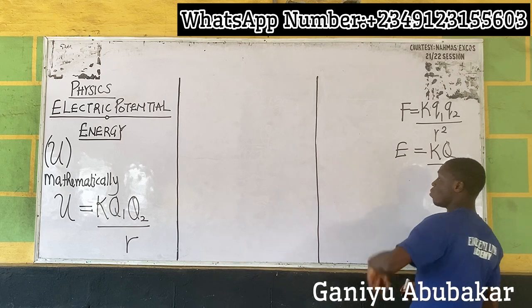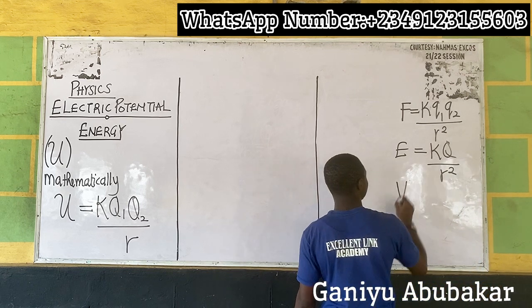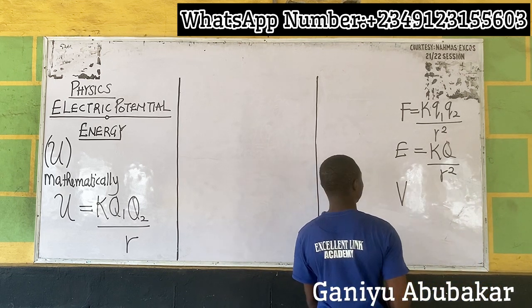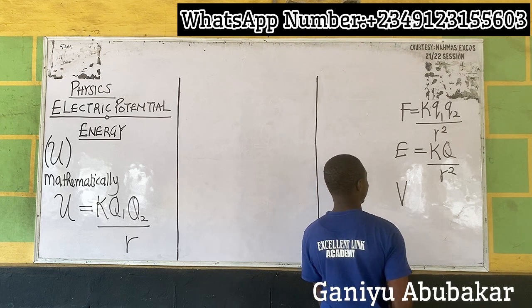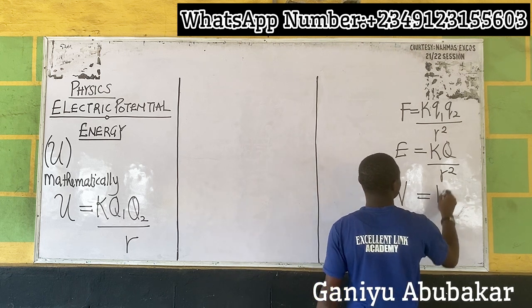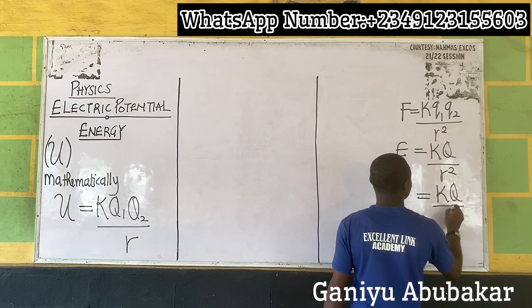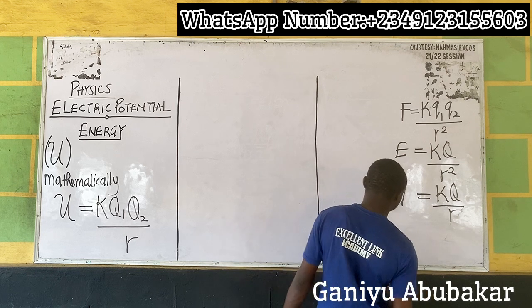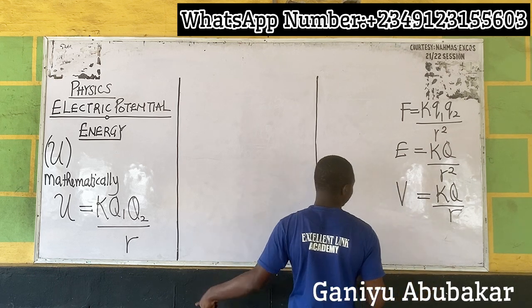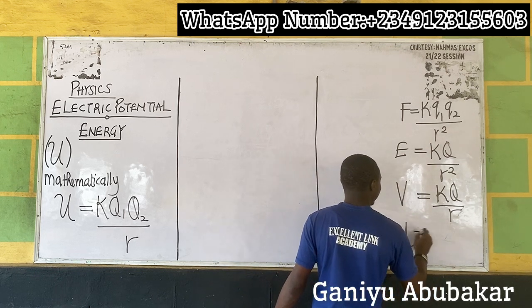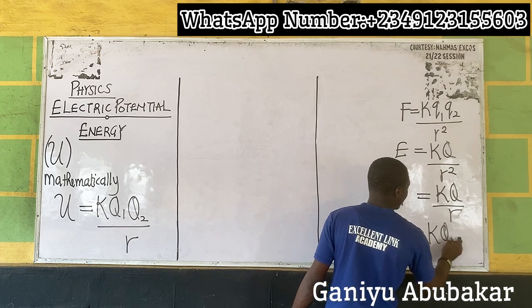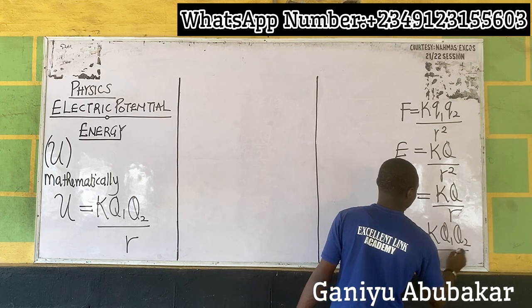We now move into electric potential, that's V, so this is equal to KQ all over R. Now dive into electric potential energy, that's U, and that's equal to KQ1Q2 all over R.